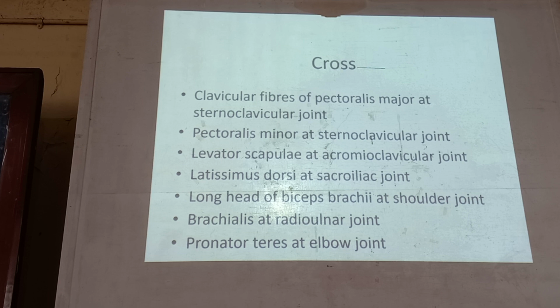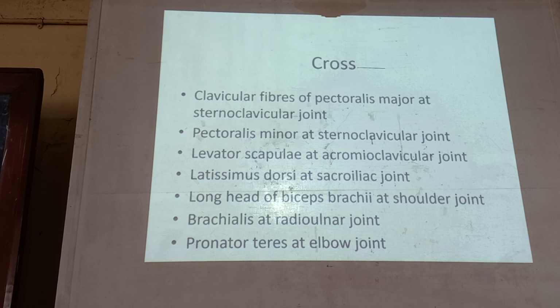Levator scapulae, acromioclavicular joint. Levator scapulae arises from cervical vertebrae. Inserts on scapula. Cervical vertebrae are not directly connected to scapula. So cervical vertebrae to ribs, ribs to sternum, sternum to clavicle, clavicle to scapula. Okay? No, rather, cervical vertebrae, there are no ribs.